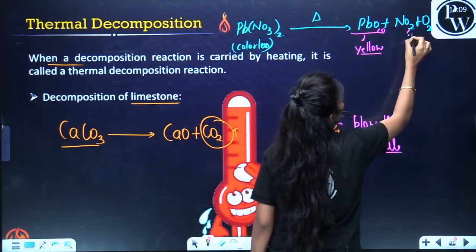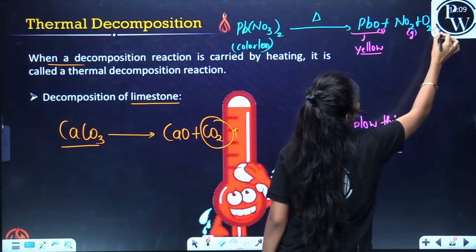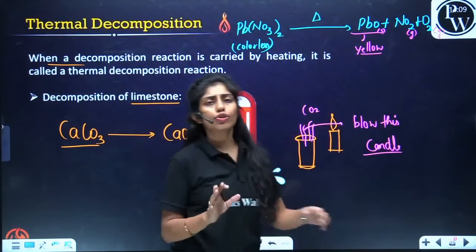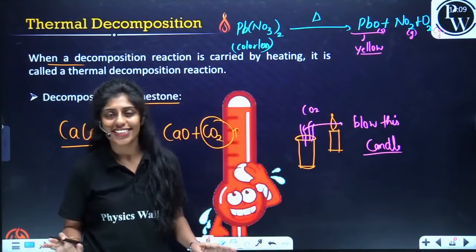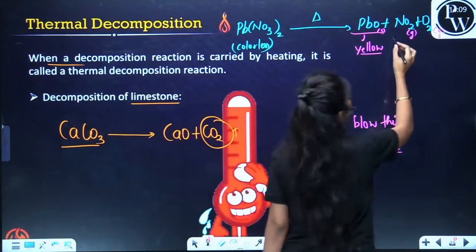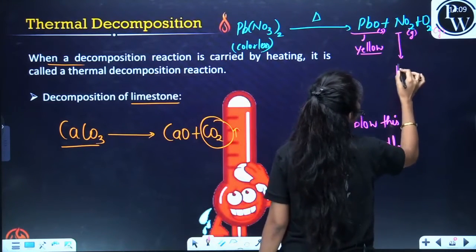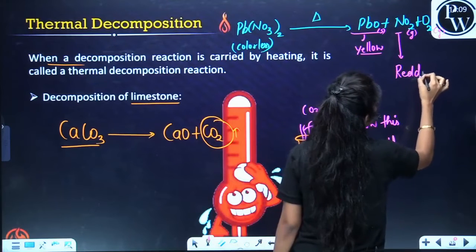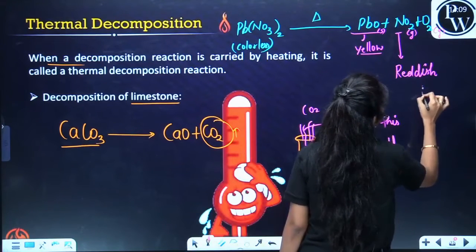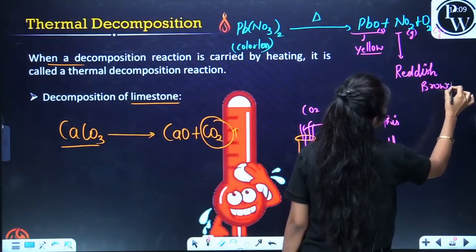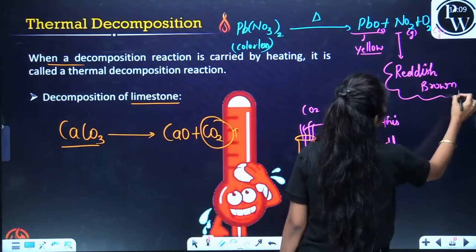NO2 is a gas, oxygen is also a gas, and we know that oxygen is colorless and odorless. But NO2, nitrogen dioxide, is reddish brown in color. These colors are very much important.